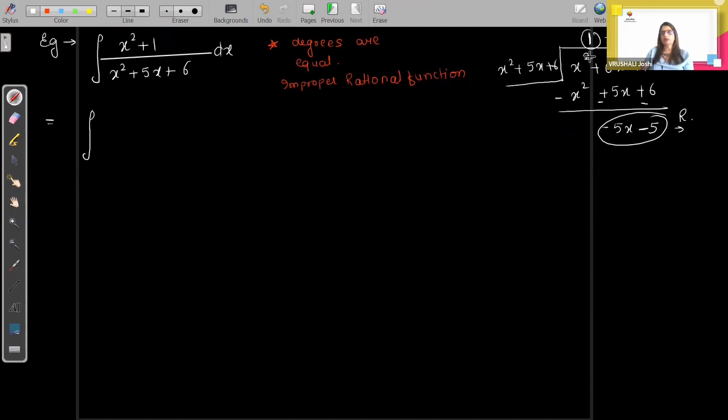So this is equal to integration of 1 plus, look, 1 plus 3 by 4 and 1 3 by 4 are both the same, correct?